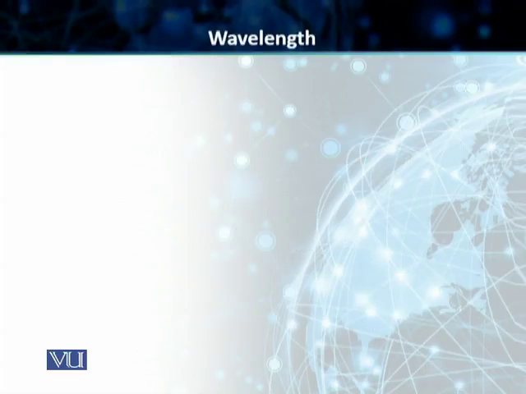Now students, let us try to find out how we can calculate wavelength given the propagation speed and the frequency of a waveform. Students, the first thing that we need to calculate the wavelength is the propagation speed of a wave.